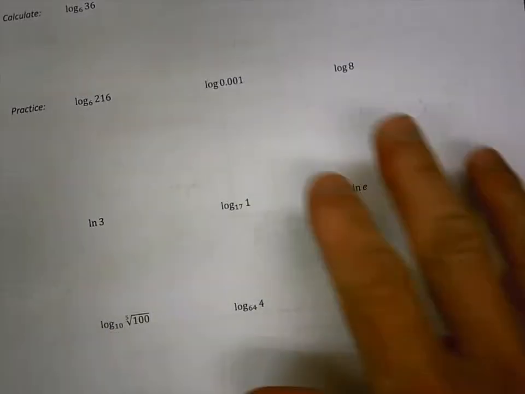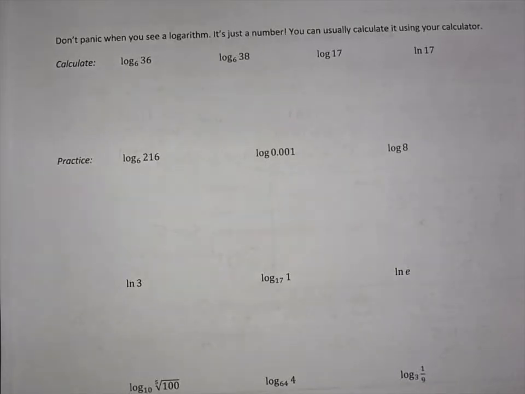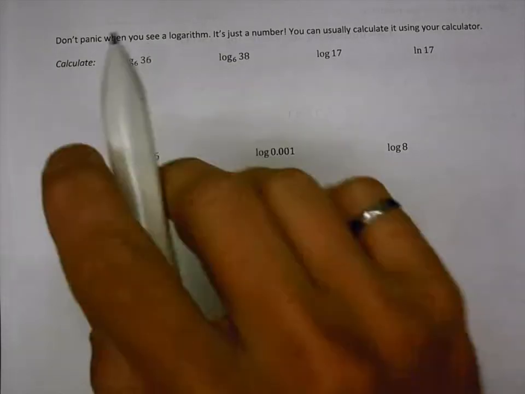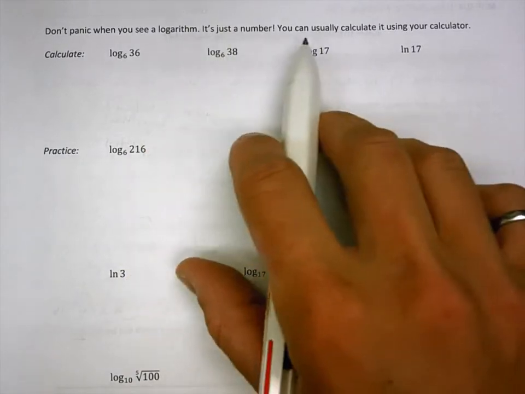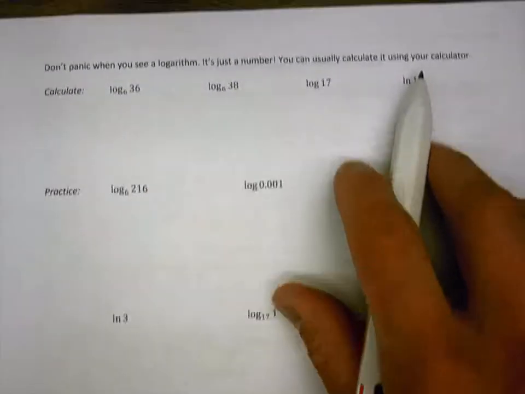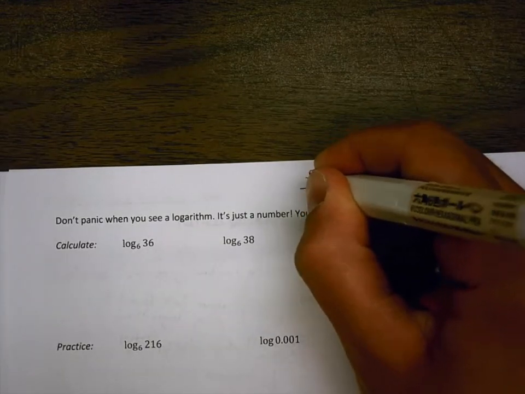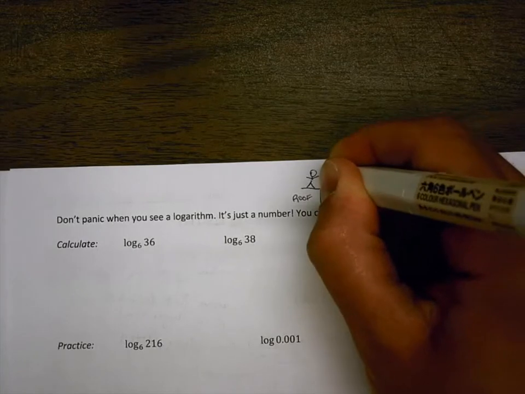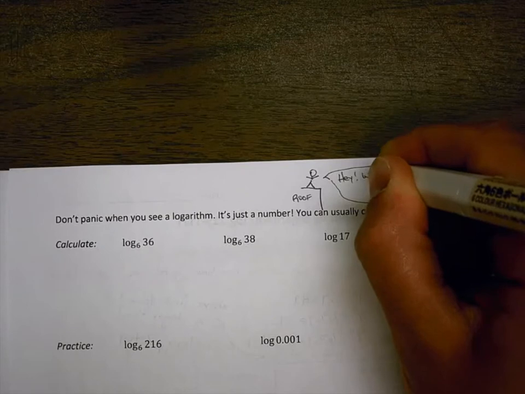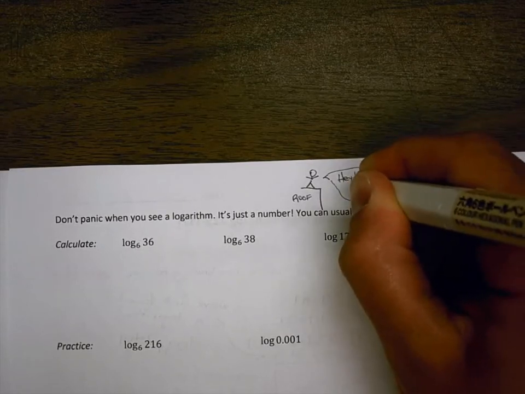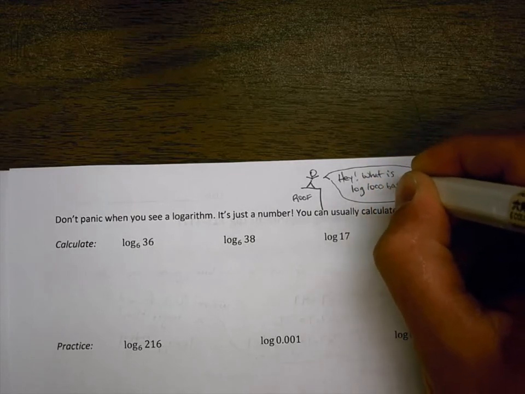Okay, let's turn the page. We're going to do lots of practice now, but again, I'll say this a million times this chapter: don't panic when you see a logarithm. It's just a number. You can usually calculate it using your calculator, or what I like to say is, stand on the roof and say, hey, what is log 1,000 base 10?